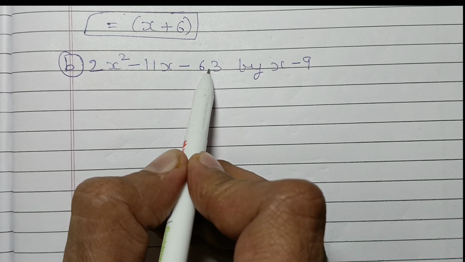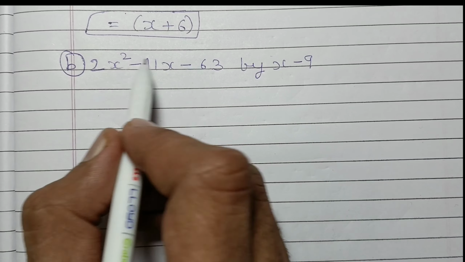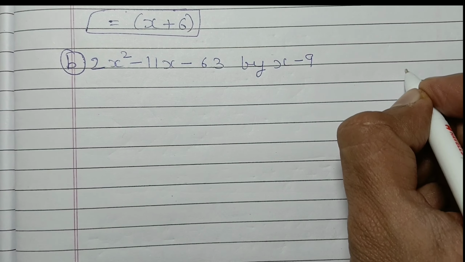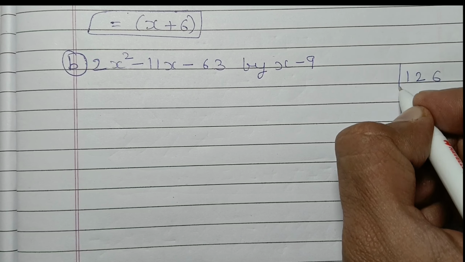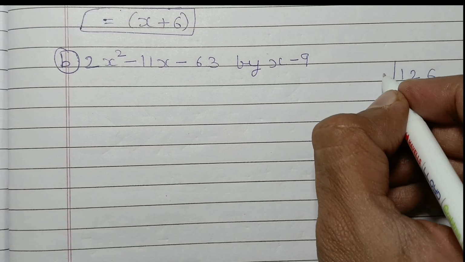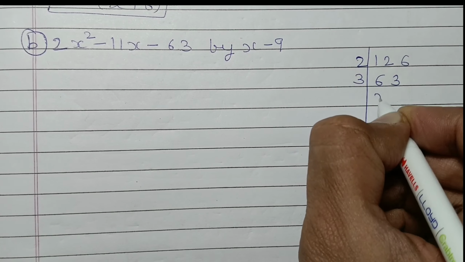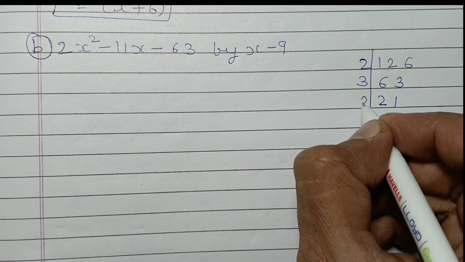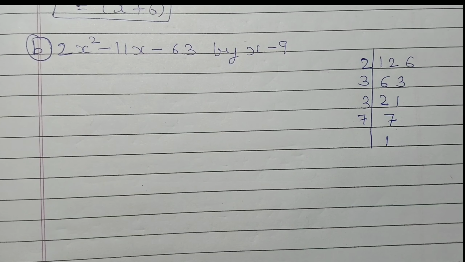If we multiply these two terms, we will get 126, since 63 into 2 gives us 126. Now we will take out the factors of this, so we'll get 2 6s are 12, 2 3s are 6, 3 2s are 6, 3 1s are 3, 3 7s are 21, and 7 1s are 7.